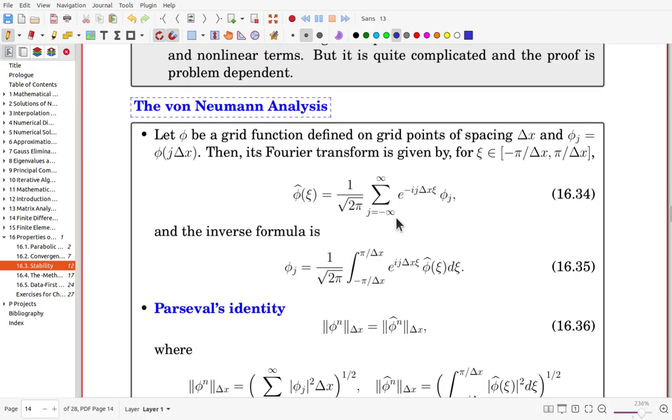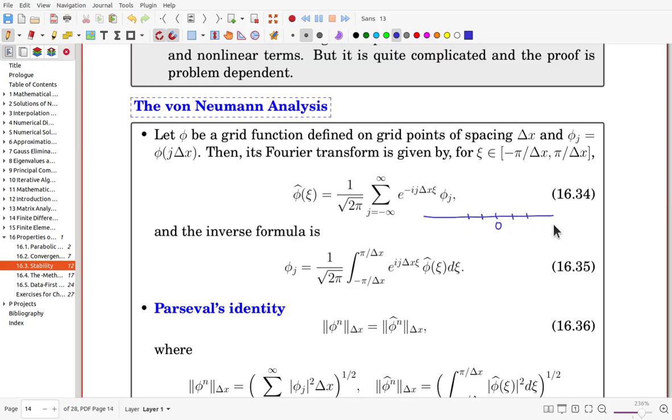This is an infinite summation over the grid points. Right now we assume the grid function is given on the whole real line, with a center, and minus delta x, minus 2 delta x, and delta x everywhere like that.